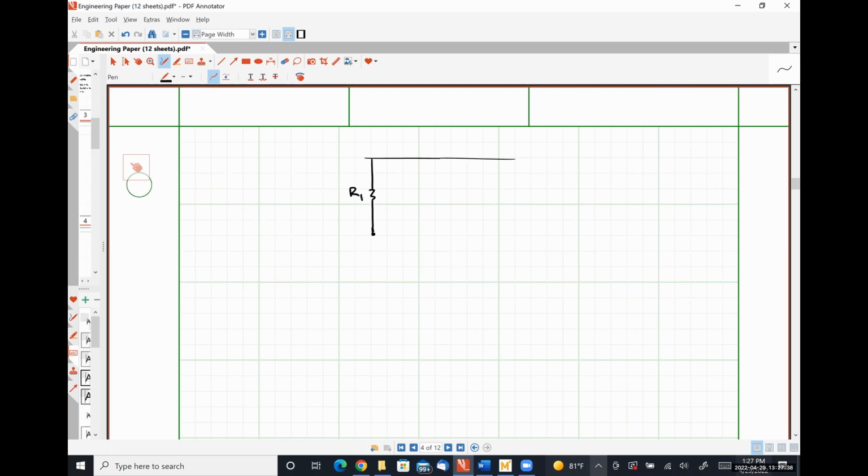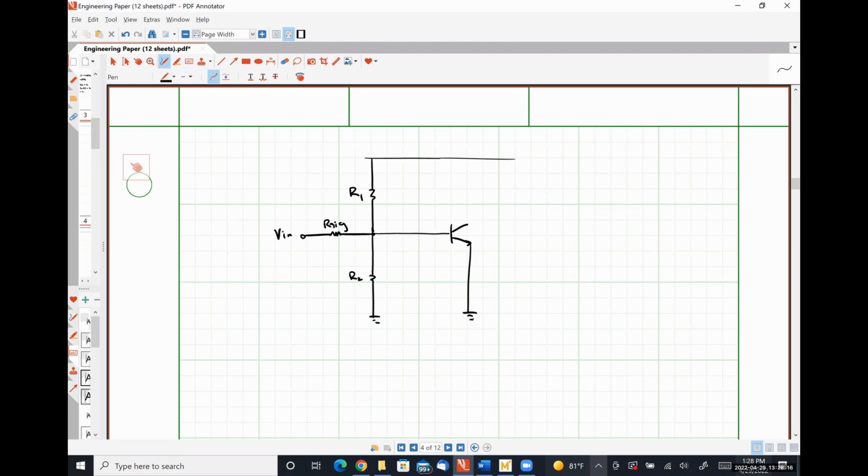So here's R1. Here's R2. Here's VN. Rsig. It's a BJT. So remember at high frequencies that all those capacitors that we had in our low frequency circuit should look like short circuits.